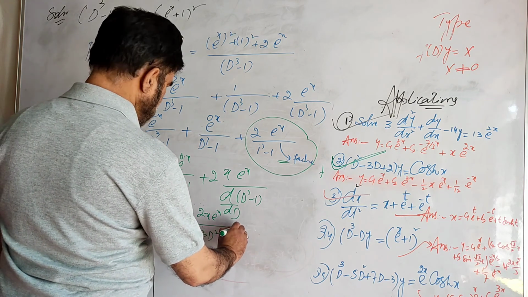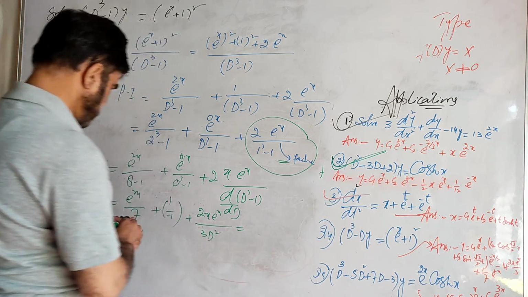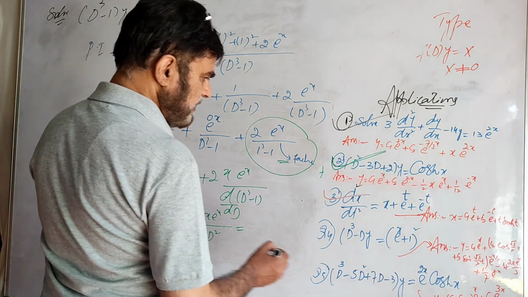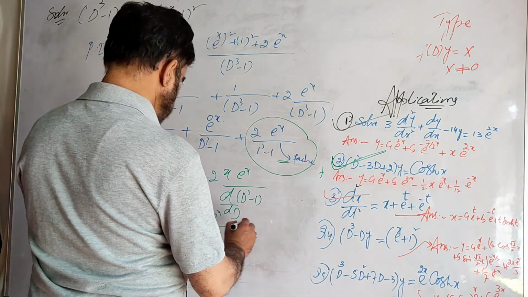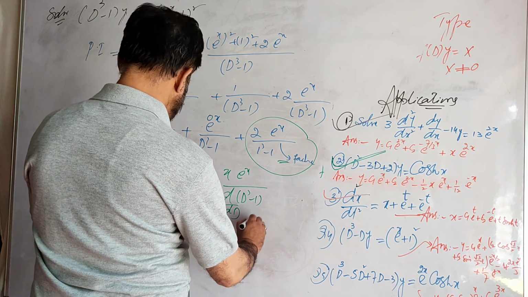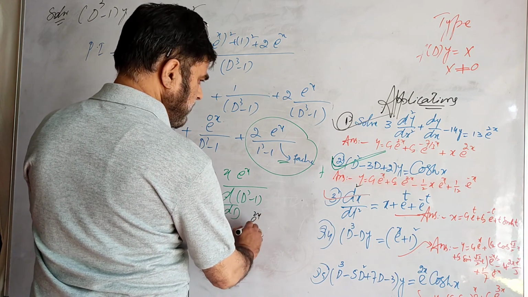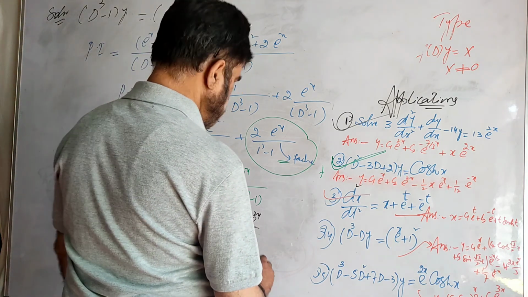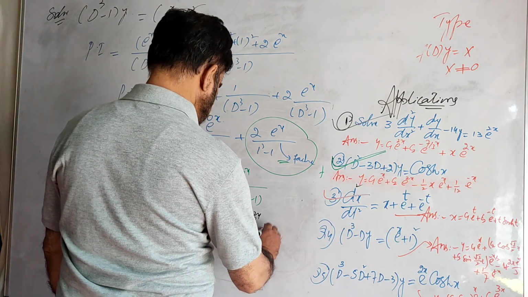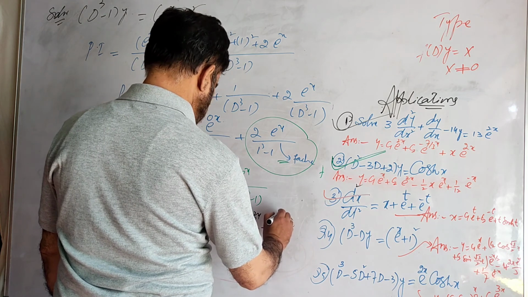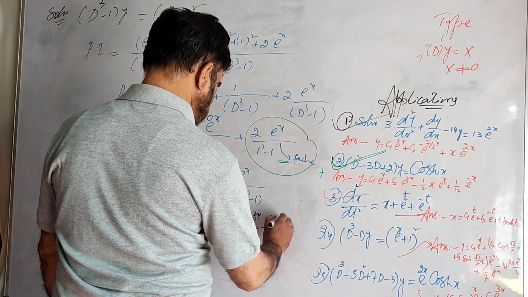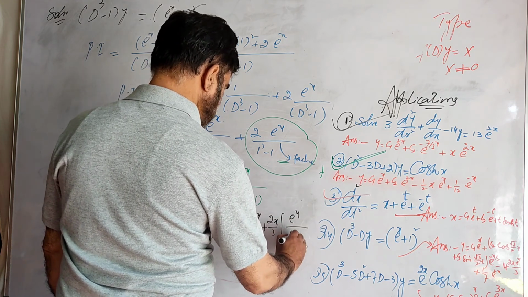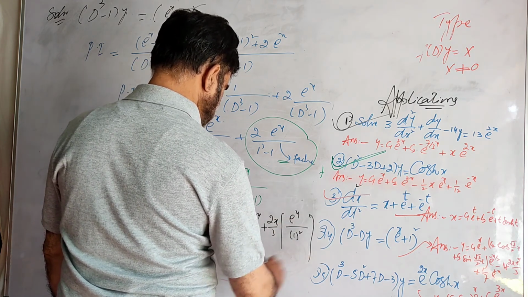Simply this is equal to, he has written minus 1 first. We will also write, there is no harm, e raised to power 2x by 7, then it is plus 2x by 3 out, it is e raised power x, it is d replaced by 1 square.